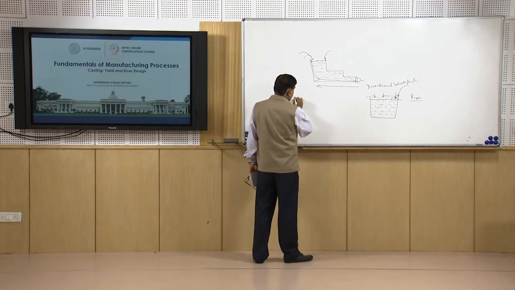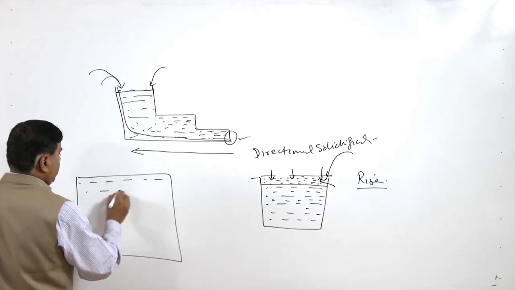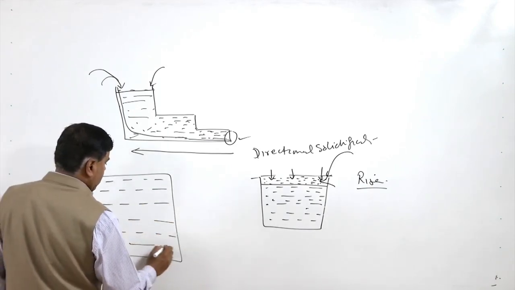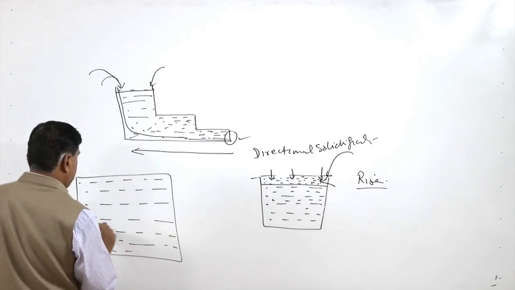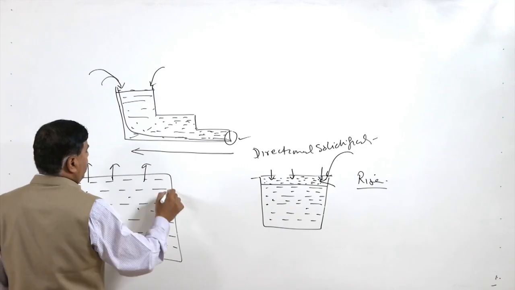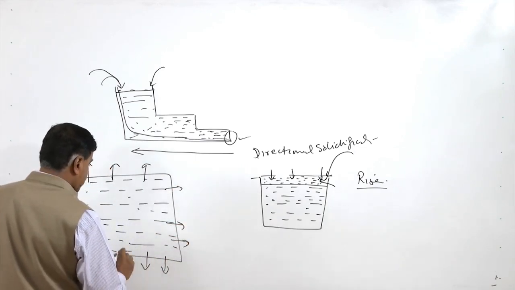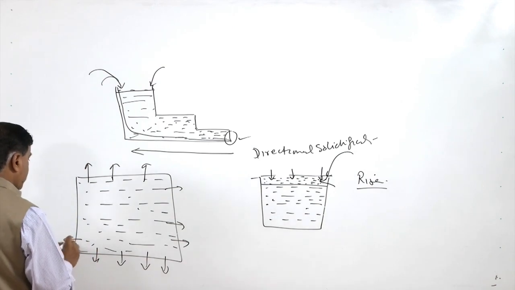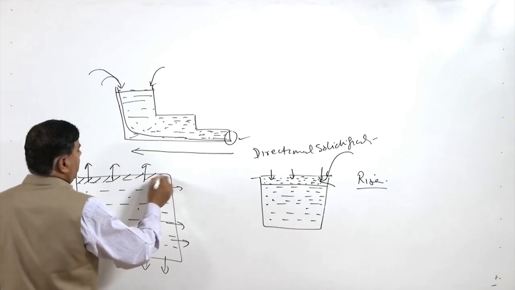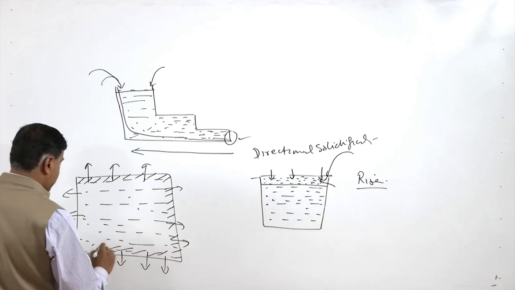Say for example, this is the mold and it is full of molten metal, like this. If the transfer of heat is taking place from all the sides, all these 4 sides of the mold, obviously the solidification will start from the mold and then progress towards the center.